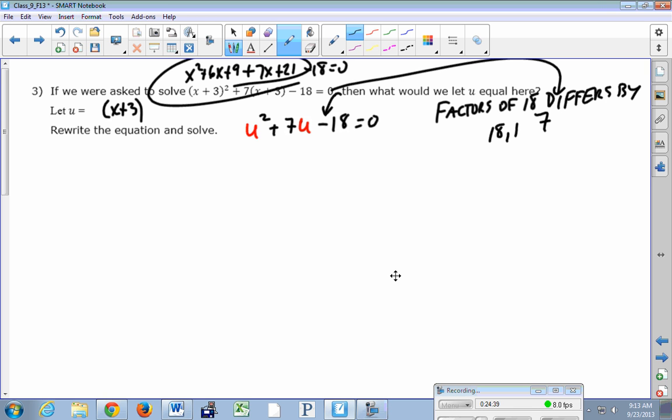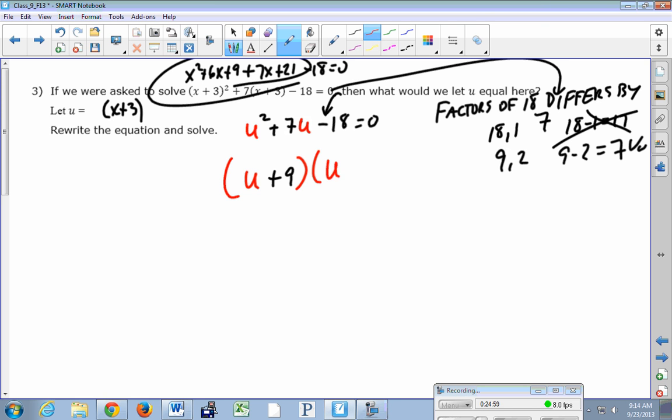We got 18 and 1. Do those differ by 7? No. What's my next factors? 9 and 2. Do those differ by 7? Bing, bing, bing. Okay, so I can factor this to be u plus 9 and u minus 2.